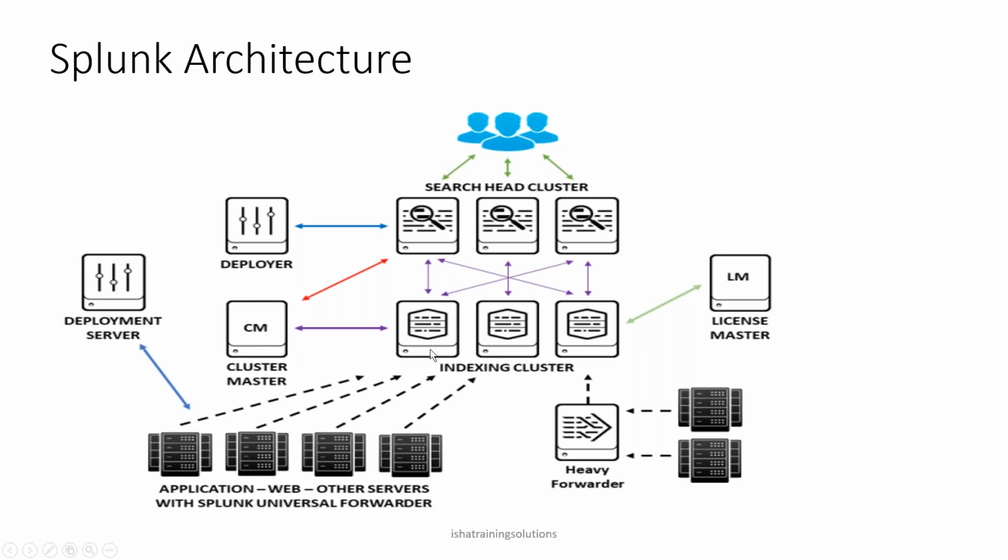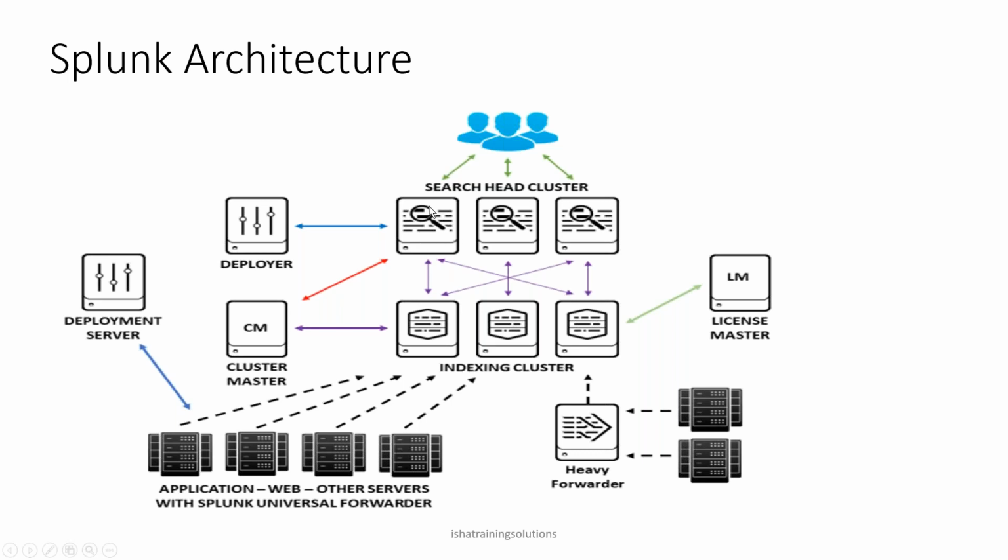Now the universal forwarder is sending the data and it is getting stored in the indexer. My next job: my data is present in the indexer in the bucket, and now I want to see the data.